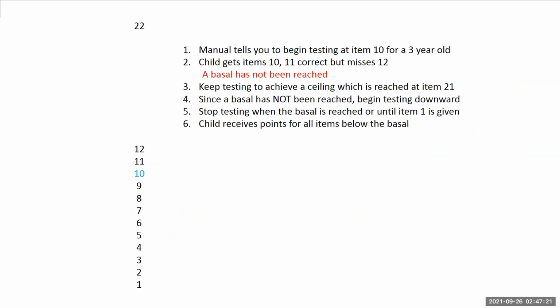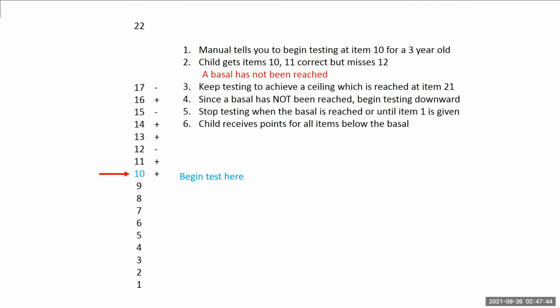In this example, we see 22 items on the test. According to the manual, the starting point for the child's age is item number 10. The child responds correctly to the first 2 items, but misses the third. So a basal has not been achieved.